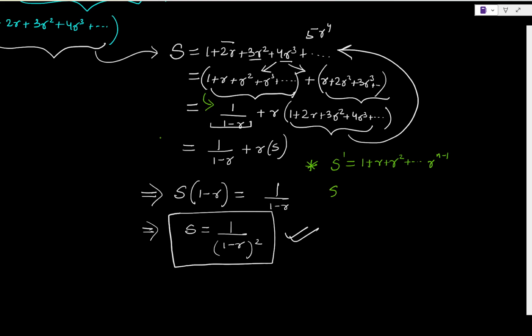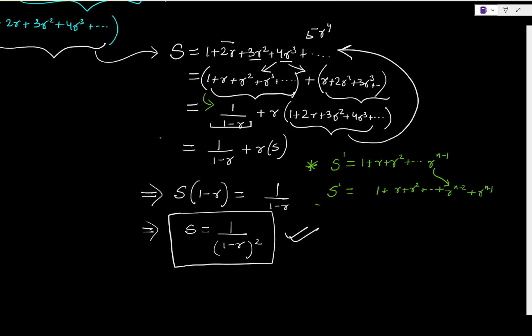And we can also write S dash as, this is called the shifting method. Most people might be aware of it. So here I'll write the same thing, r plus r square, so on and so forth. But here, since I have shifted terms by 1, here what am I going to get? So for this corresponding position, I'll get r to the power n minus 2 plus r to the power n minus 1. That's what I'm going to get.